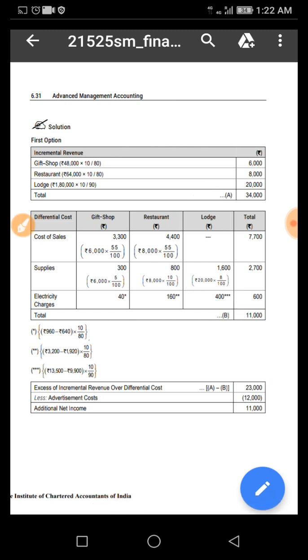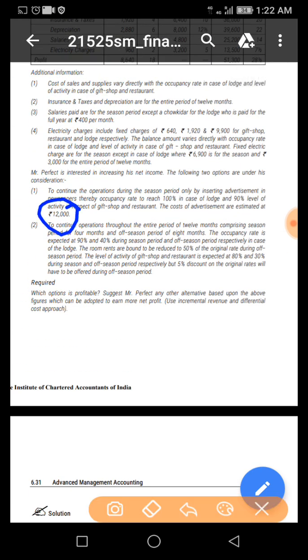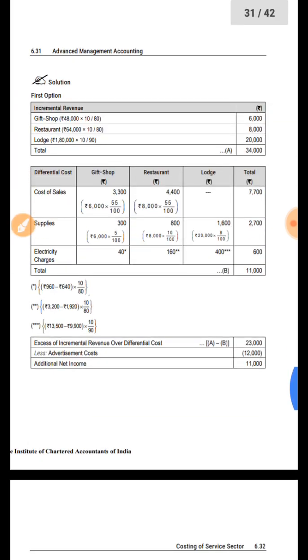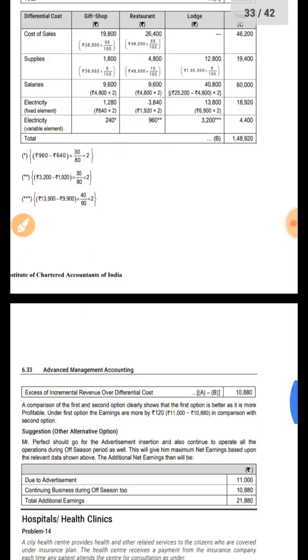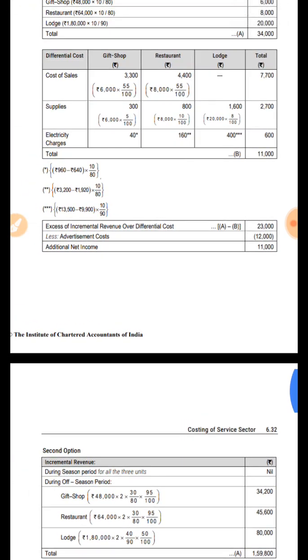Okay, but ये सब करने के लिए we have to incur something, right? What we have to incur? We have to incur this advertisement cost 12,000. So 12,000 को minus करने के बाद भी we are having net income of 11,000. So we can say yes to option 1.